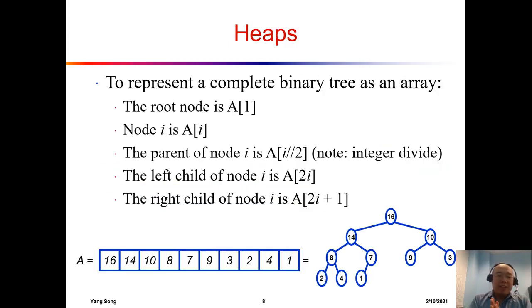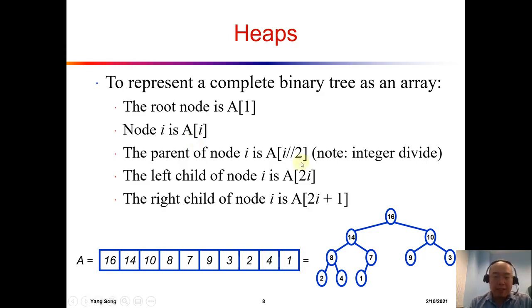Okay, and since we can put the heap into an array structure, what cool thing do we have? Well, where is the root? The root is the very first value. And remember, in our textbook, we always count the indexes from 1. So the root will be A[1]. If we have a node in the middle, A[i], how do we find the parent?